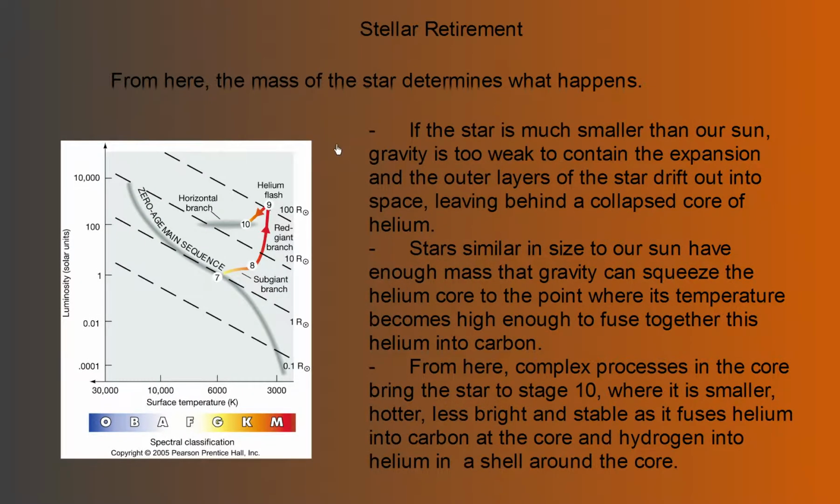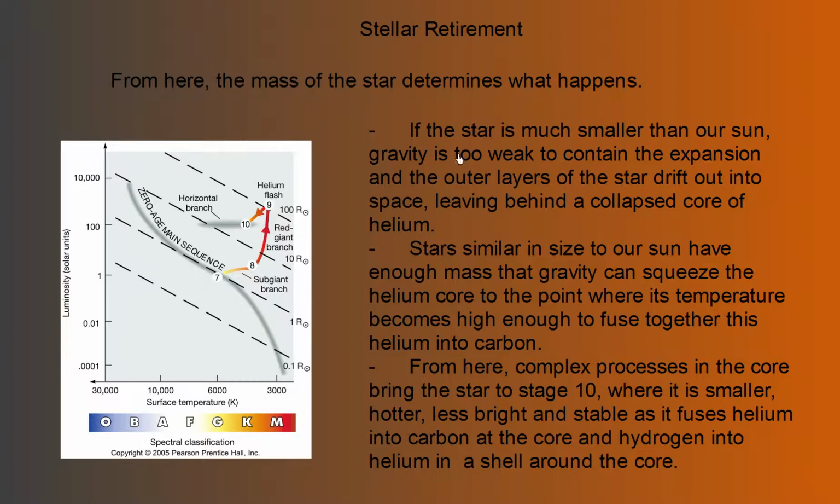Alright. And then, from here, the mass of the star determines what happens. Technically, that's the case in all aspects of the life cycle of a star, but there's really truly a branch off, and you can go in different directions from 9 on.